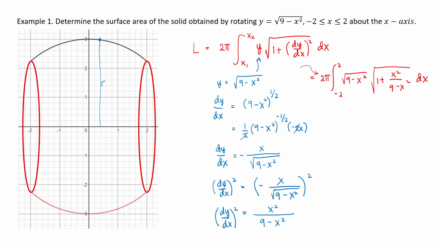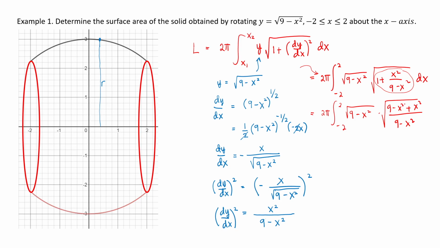Let's try to evaluate this one first. Multiplying fractions, this becomes 2 pi from negative 2 to 2 square root of 9 minus x squared, and then this becomes 9 minus x squared plus x squared all over 9 minus x squared.